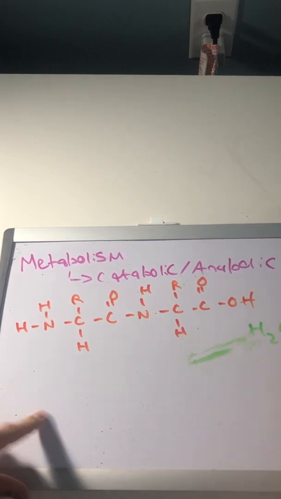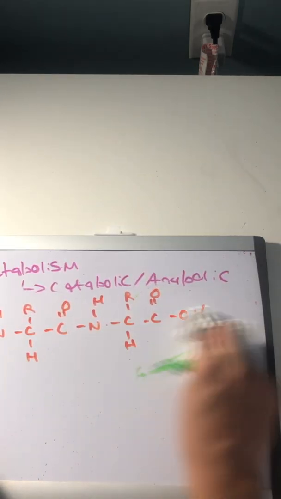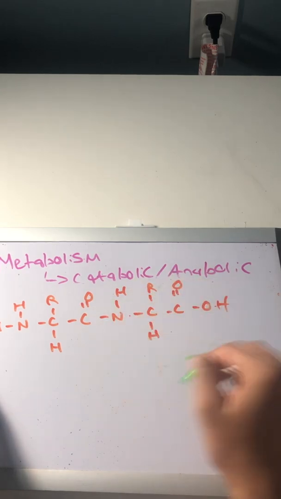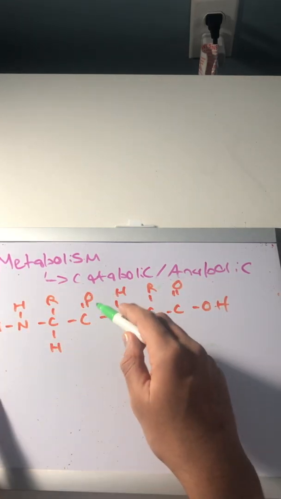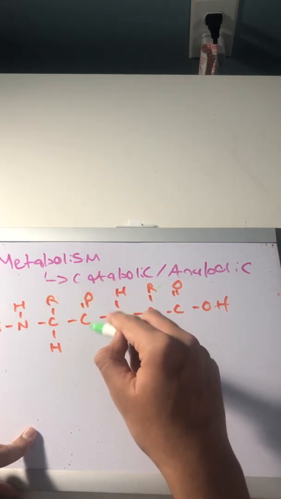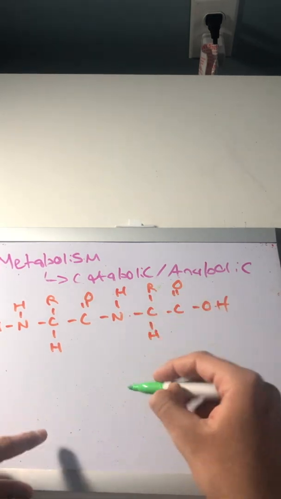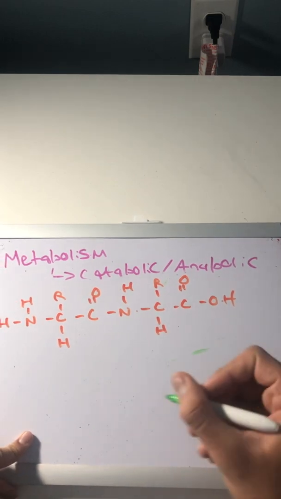Water, H2O. Because from the amino group on this amino acid we are losing an H, and from this amino acid we are losing a hydroxide. So if you do the math, 2 H's and 1 O, guess what that is? A water molecule. So if we want to break that, very simple.